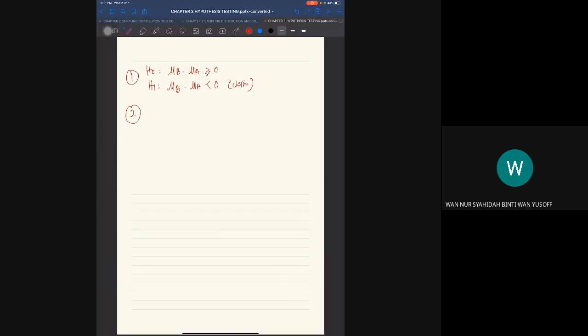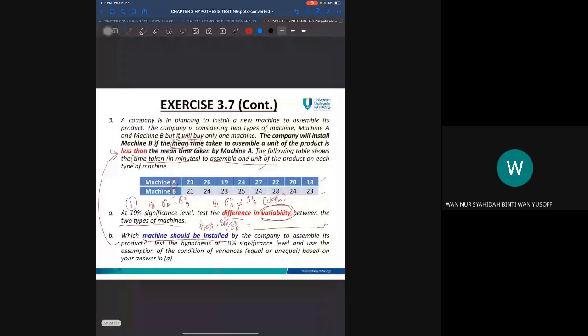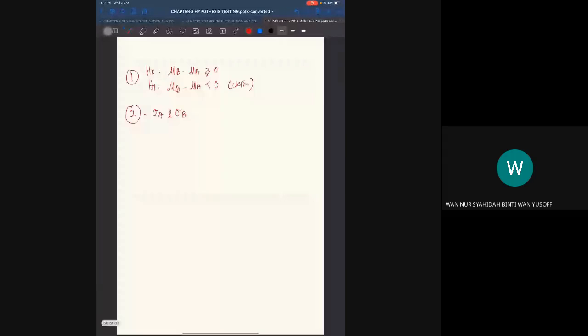Sigma. It is sigma. So the first condition we need to know: sigma A and sigma B unknown or known. In this case, known or unknown? Unknown. Okay, go back to the question. It is unknown. You are given sample data, anything that you calculate will produce statistic. So unknown.